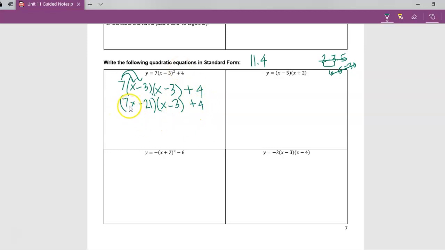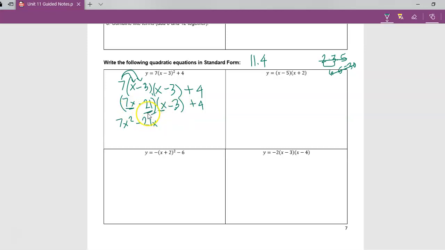Now I'm going to use the distributive property to multiply 7x into the parentheses, and then I'll do the same for negative 21 into the parentheses. So 7x times x is 7x squared. 7x times negative 3 is negative 21x. We've done both of those.